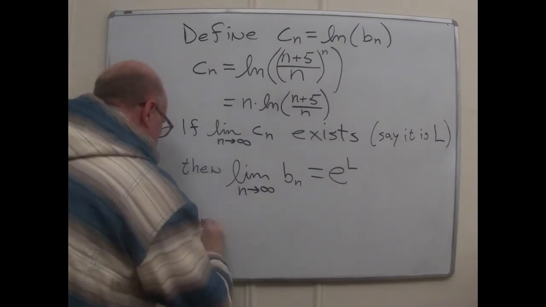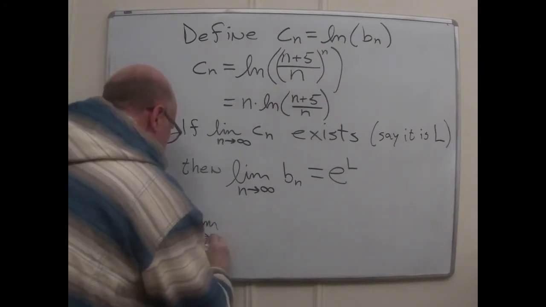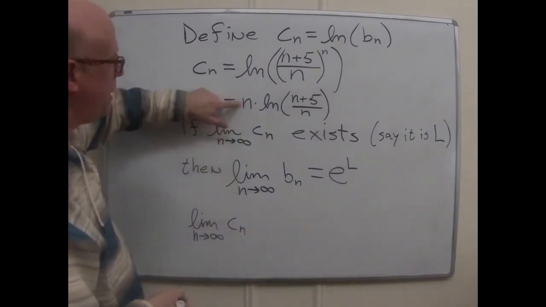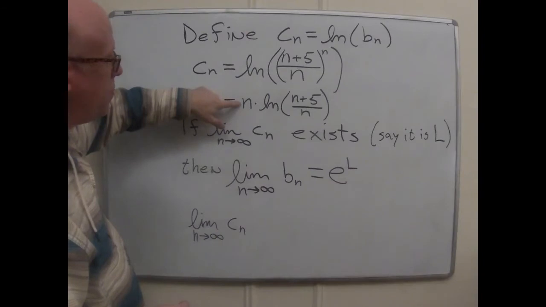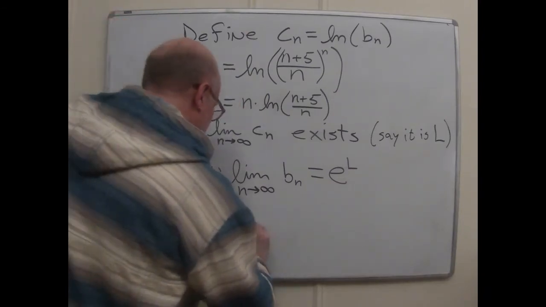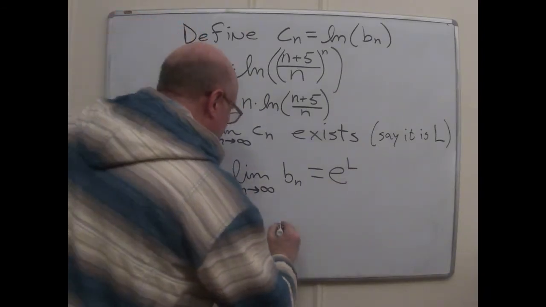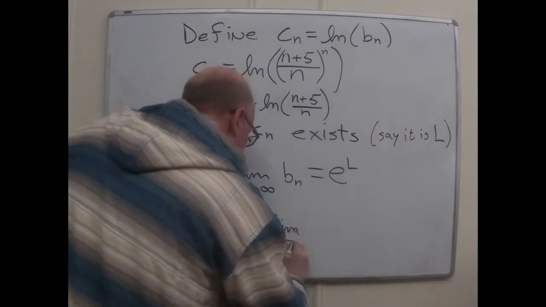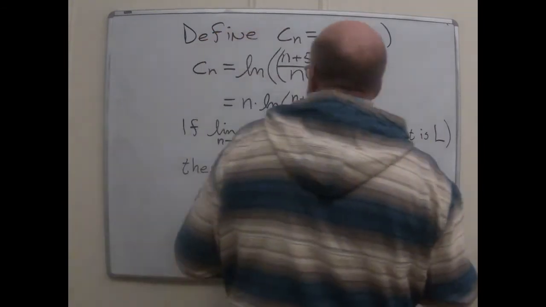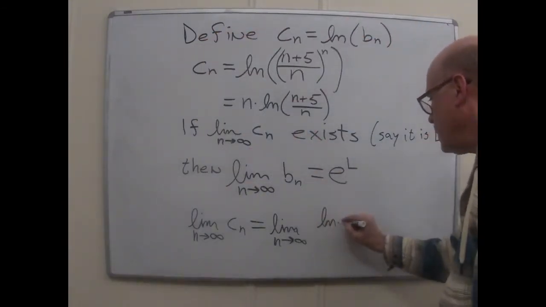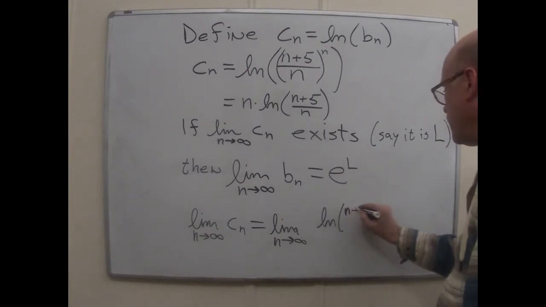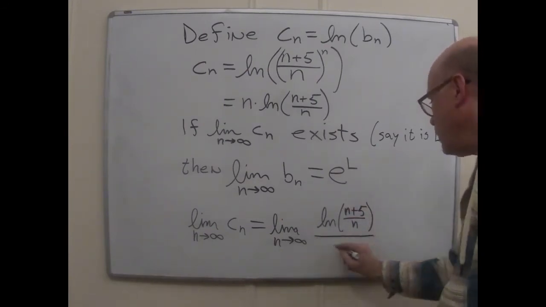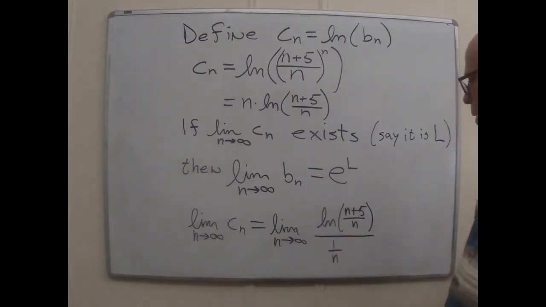So the limit as n goes to infinity of c sub n, instead of multiplying by n, let me divide by 1 over n. It's the same thing. Limit as n goes to infinity, we'll have the natural log of n plus 5 over n in the numerator, and we'll have 1 over n in the denominator.